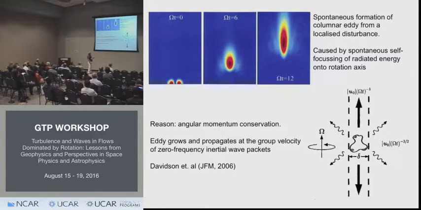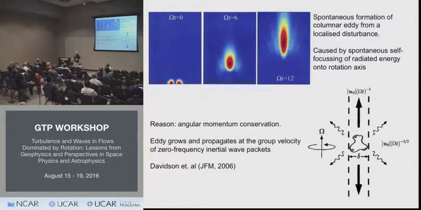Although I've got radiation going in every direction from this, actually, someone showed this picture earlier. It was Fabian. So if you've got a buoyant anomaly here, radiating waves, what you find is that most of the energy actually spontaneously propagates along the rotation axis. Automatic self-focusing of the radiation.